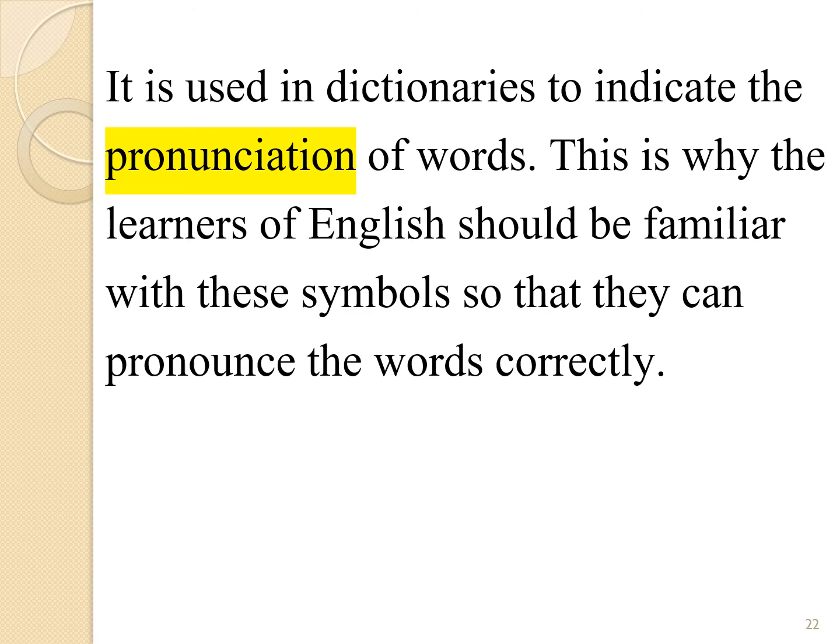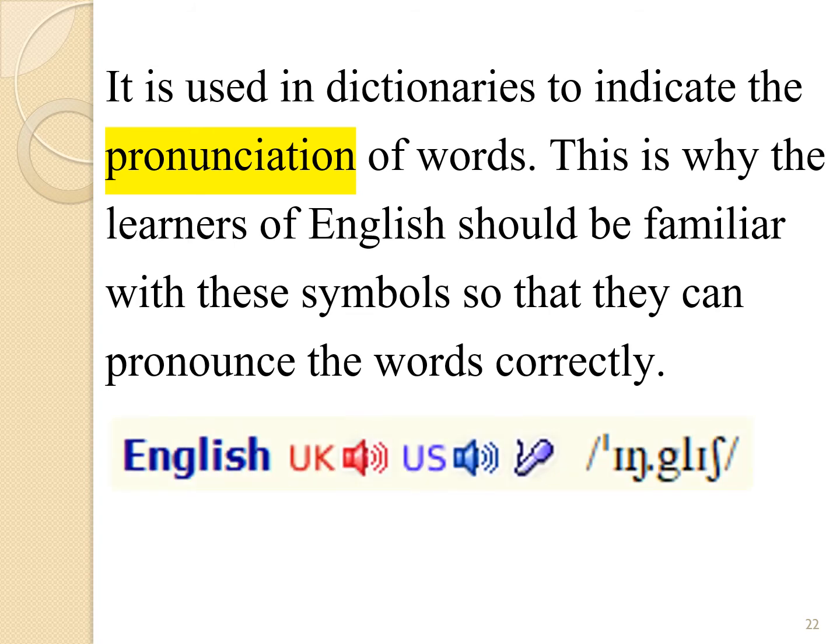This is why the learners of English should be familiar with these symbols so that they can pronounce the words correctly. You can just open your dictionaries and look at these symbols between slashes. These symbols help us to pronounce the words.